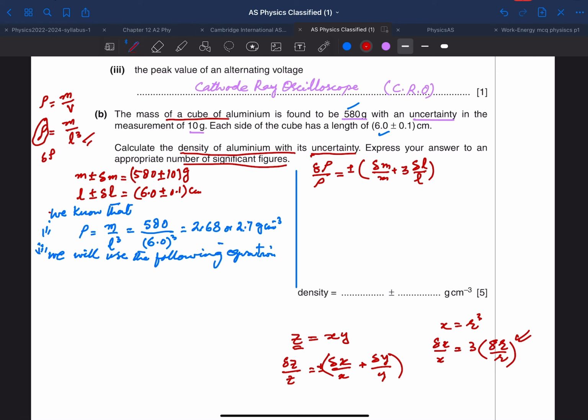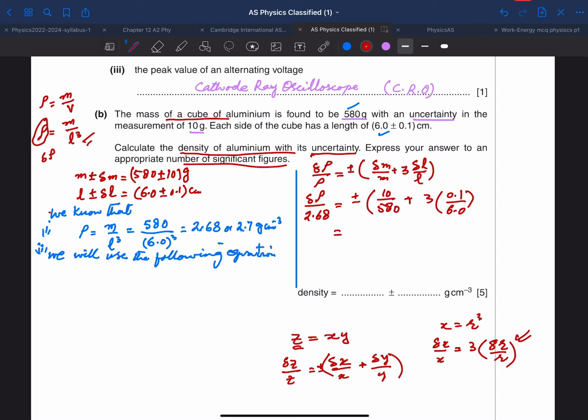And then of course you have values like del rho you want to calculate. The value of density you have already calculated; I am just using for the time being 2.68. Then plus minus del m is 10 divided by 580. On the other hand, we have 3, del L is 0.1, and the value of length is given as 6.